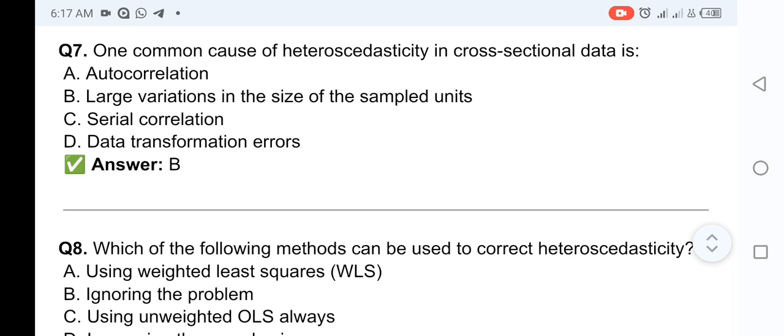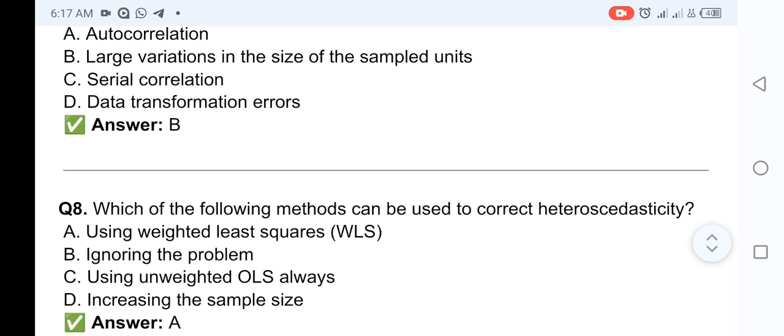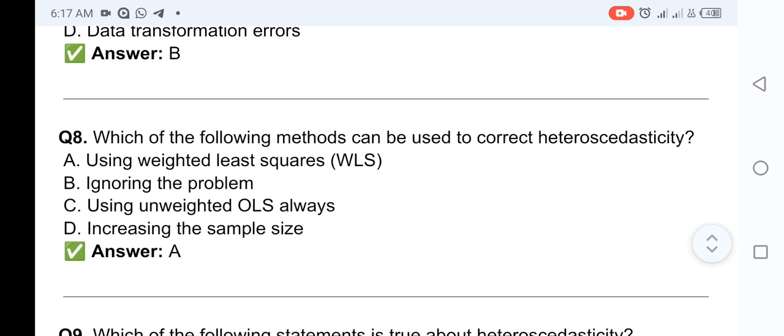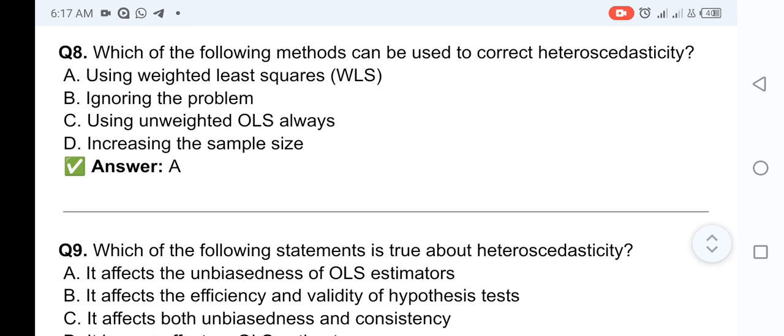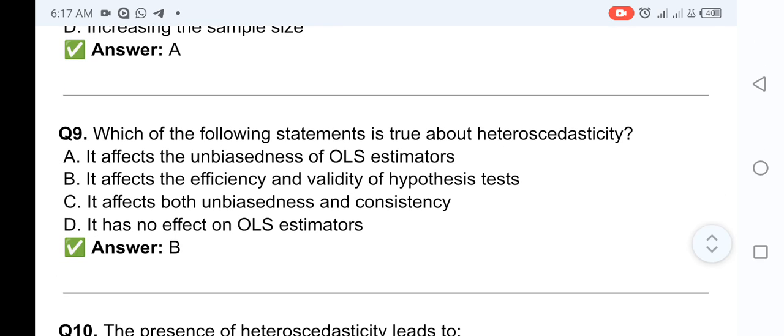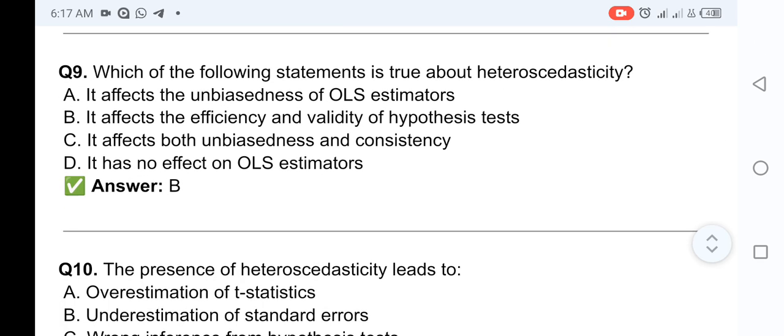Answer B. Q8. Which of the following methods can be used to correct heteroscedasticity? A. Using weighted least squares, WLS. B. Ignoring the problem. C. Using unweighted OLS always. D. Increasing the sample size. Answer A. Q9. Which of the following statements is true about heteroscedasticity? A. It affects the unbiasedness of OLS estimators.